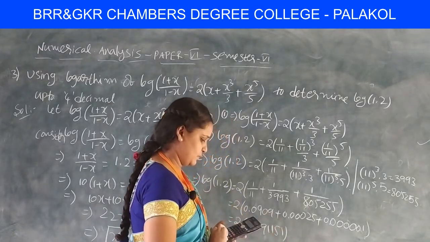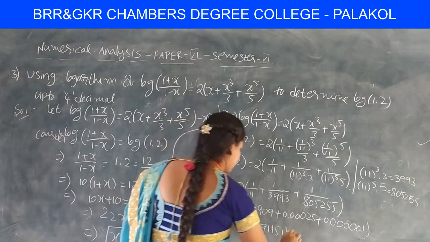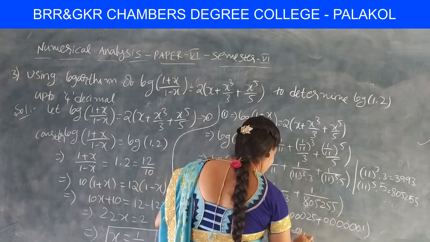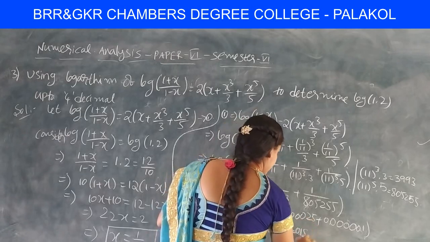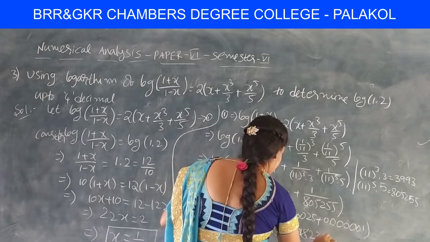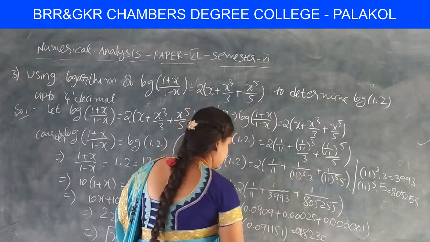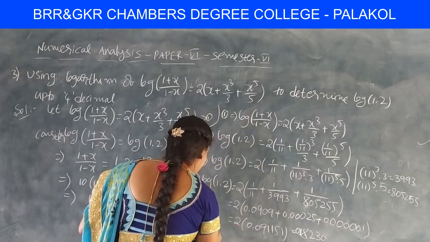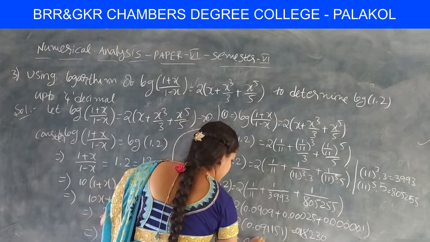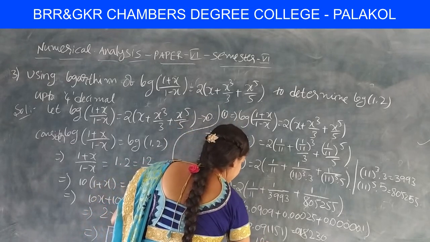Multiply by 2, which is nothing but 0.18230. Up to 4 decimals, log 1.2 is equal to 0.1823.